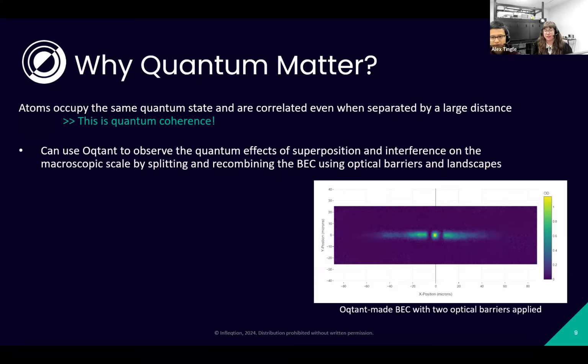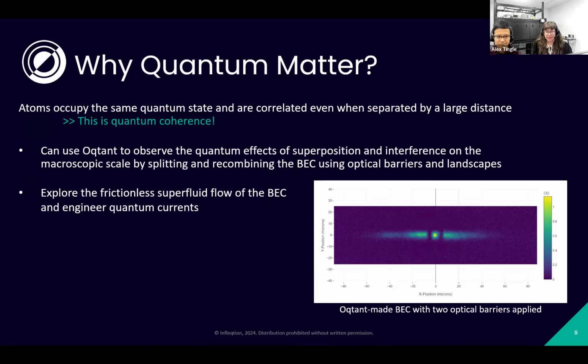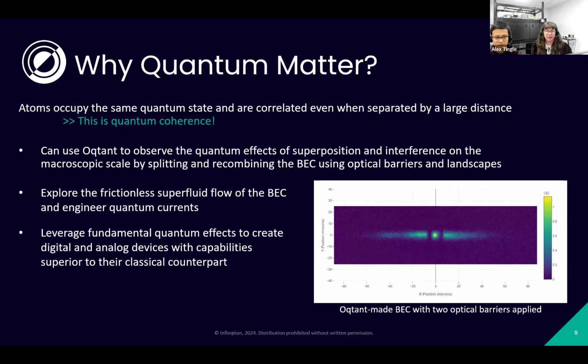Things like interference are actually critical for designing quantum sensors that use quantum matter. And then with this, you can also explore frictionless superfluid flow of BECs and engineer quantum currents, which is the hot topic for today while we're talking about Atomtronics.